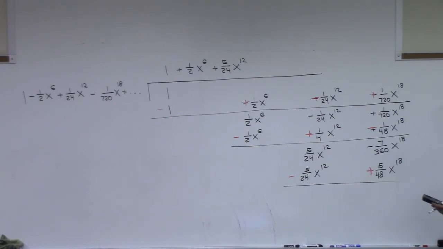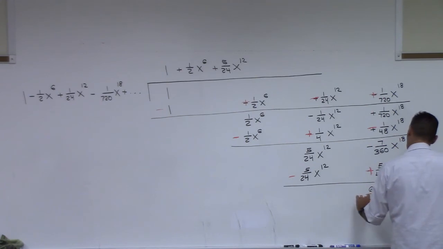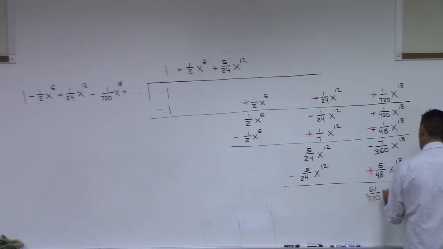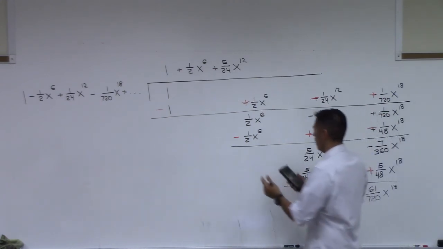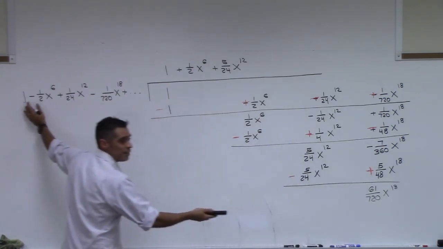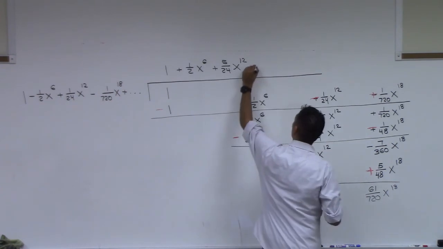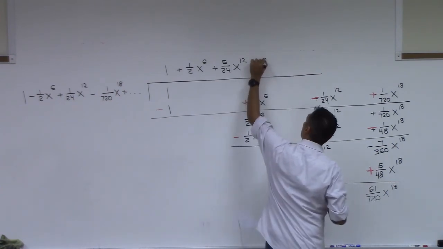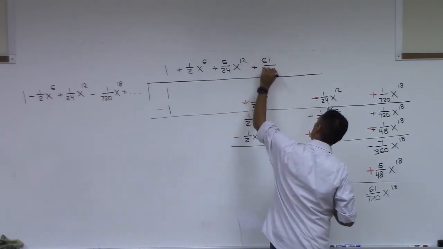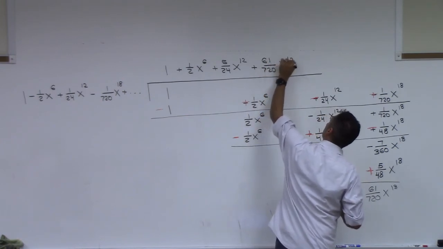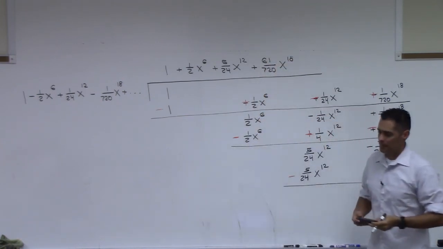Yeah, I mean, we all have calculators. 61 over 720, x to the 18th. And that's what I would have to multiply by, right, on that first step? Okay, so plus 61 over 720, x to the 18th.